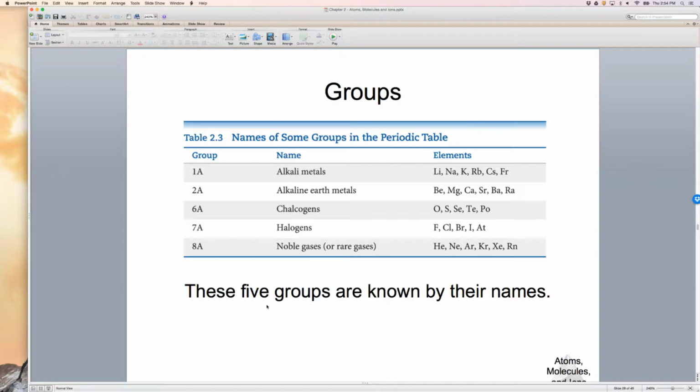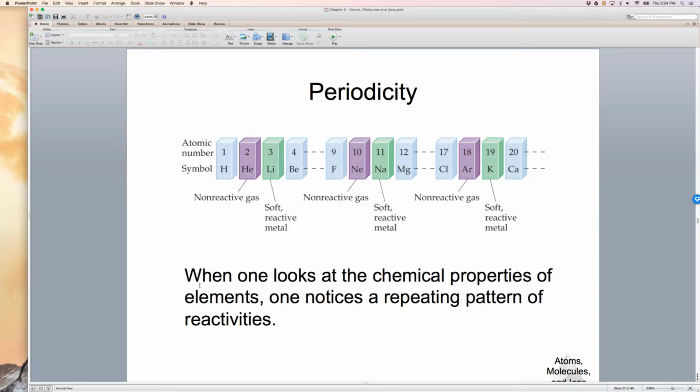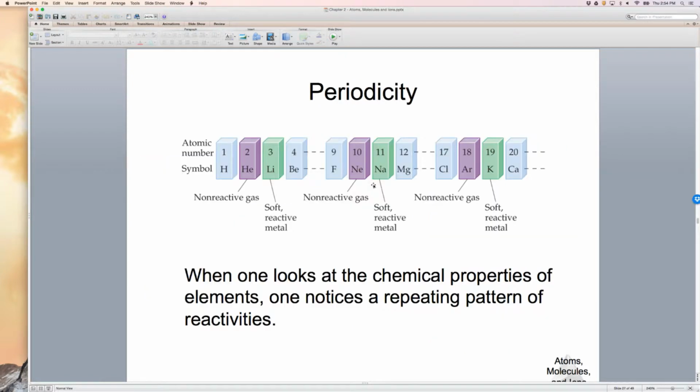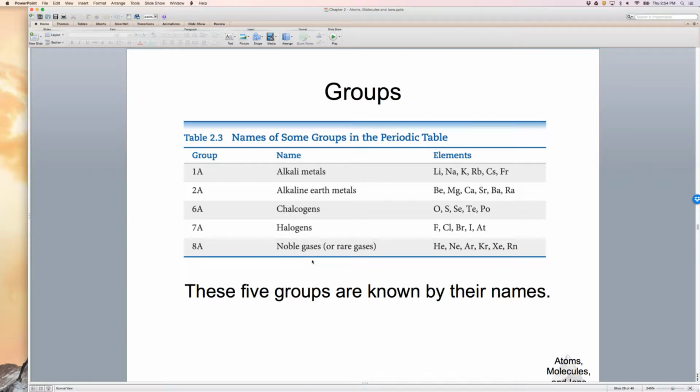If you see the name, you need to be able to write down the element. Group 6A, which is actually on the right side of the periodic table, you see group 6A is here, and that contains our friends oxygen, sulfur, selenium, tellurium, and polonium, and we call those the chalcogens.